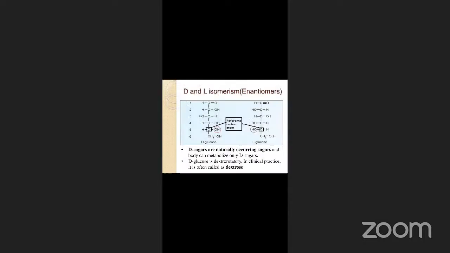And D and L isomers are called enantiomers. Enantiomers are nothing but mirror images. Like when you see your hand in the mirror, the right hand appears as left. Here also these two sugars are called mirror images.